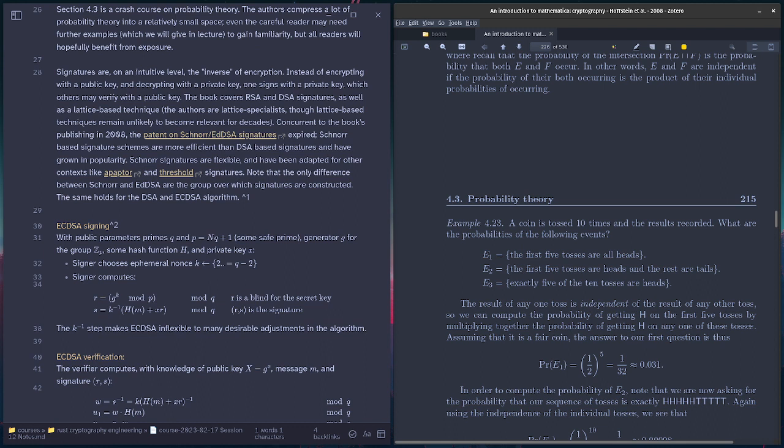So they're like natural inverses or converses of one another. In the case of RSA signing, it's almost exactly the same operation. Instead of exponentiating by the public key to encrypt, you exponentiate by the private key to sign.